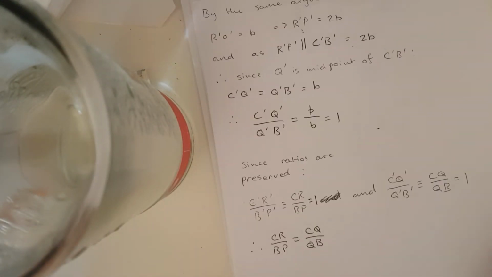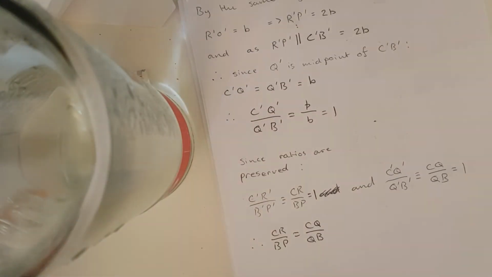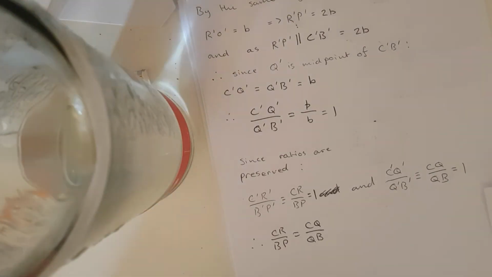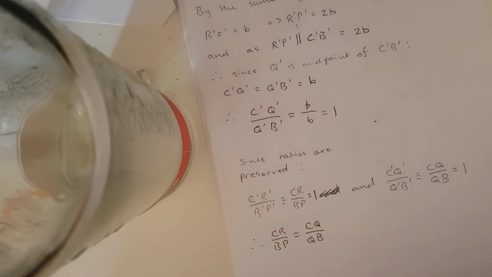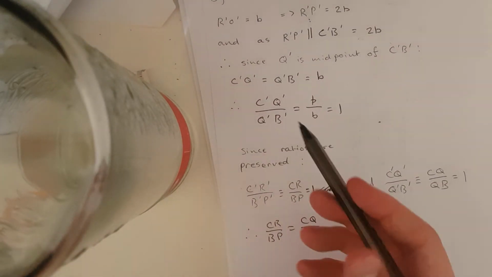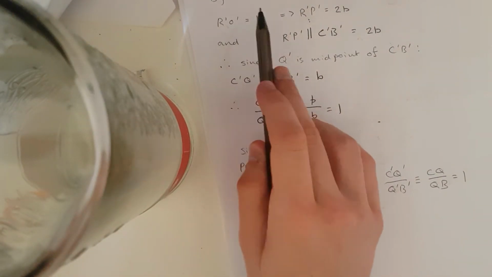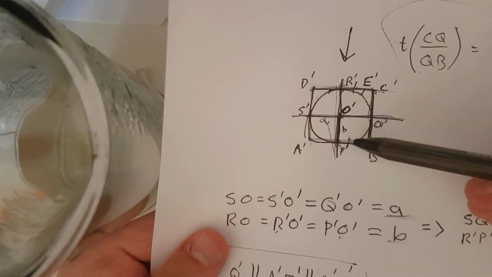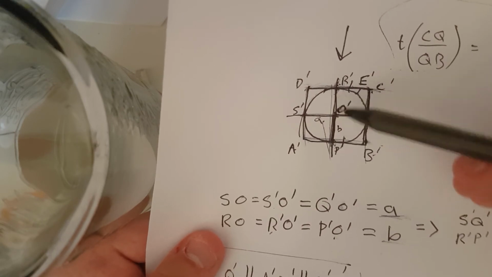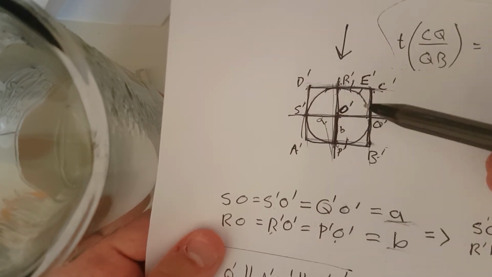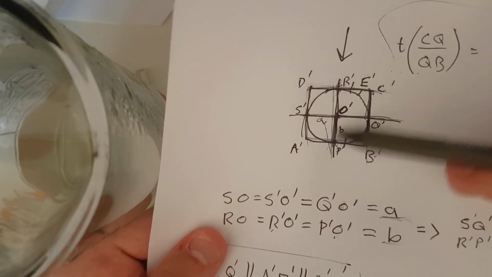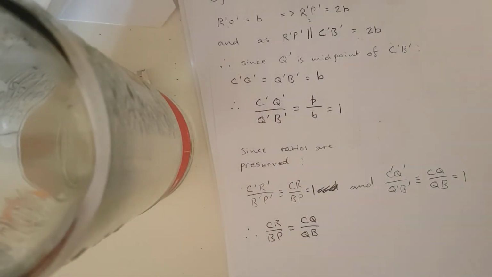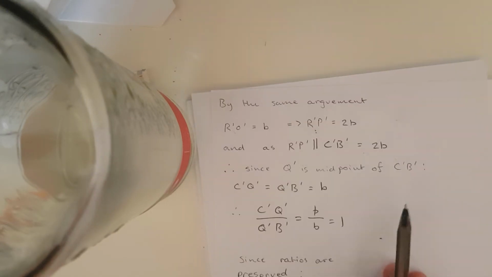And by the same argument, I have another diagram here. R naught equals B, so R naught will be B. This will be B. And since parallel lines are preserved, these will all equal 2B, same as the argument for A. That's shown here.